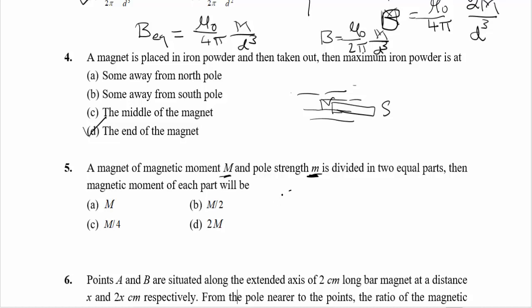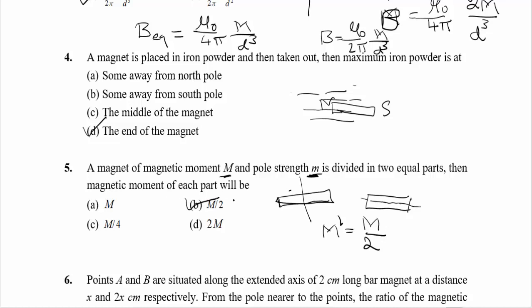If you take any magnet, whether it is cut perpendicular or cut along the magnet, the new magnetic moment will be half of the initial. So what is the answer?